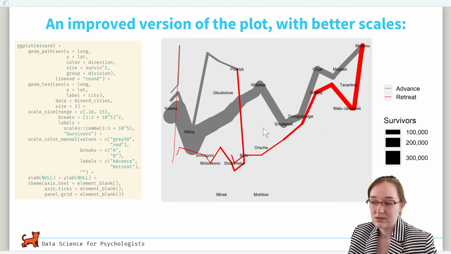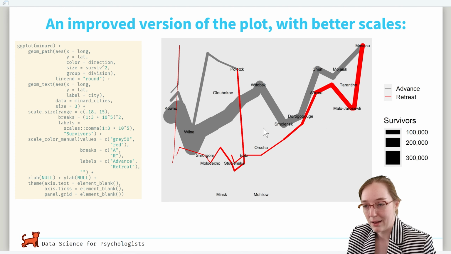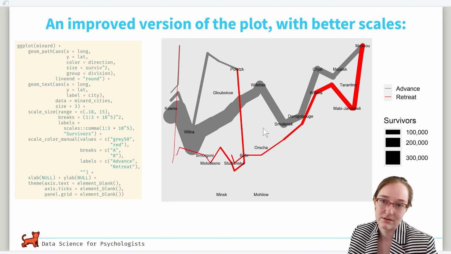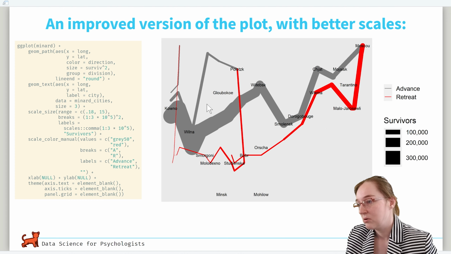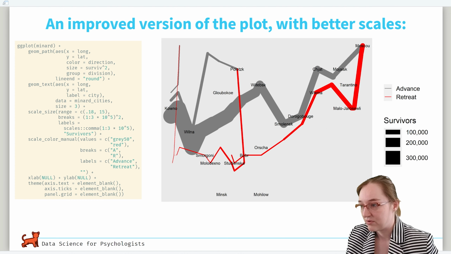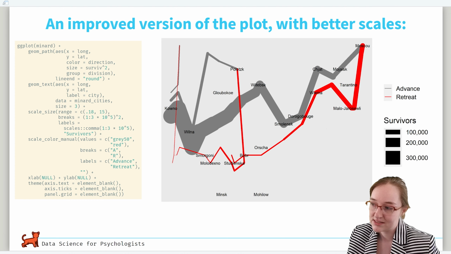Okay, so here is an improved version. I didn't go through all the iterations here because I'm lazy, but even this could use some improvement. And we've got geom_path, we've got geom_text. I've adjusted the scaling.